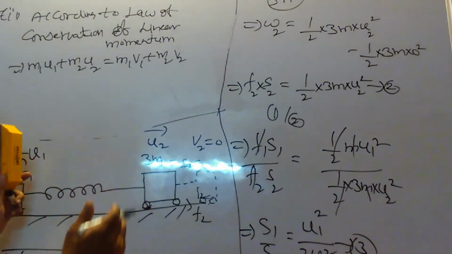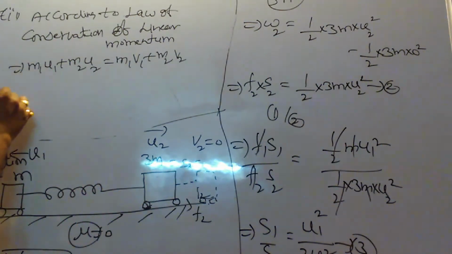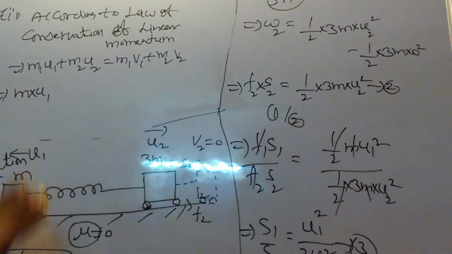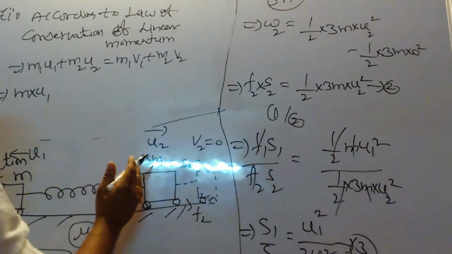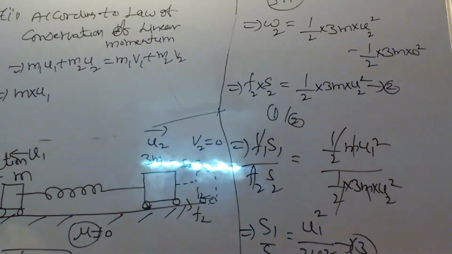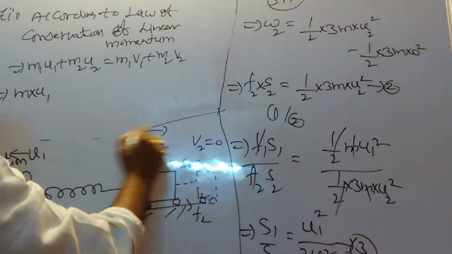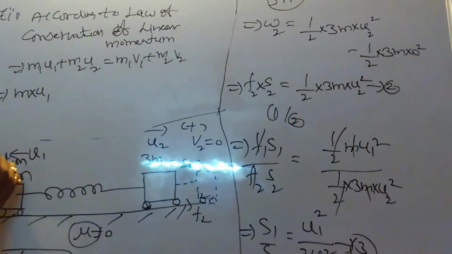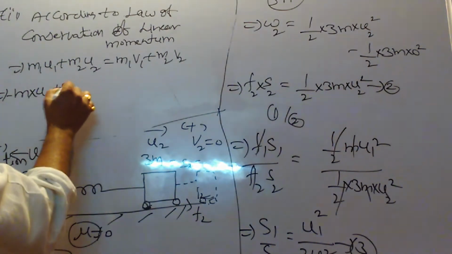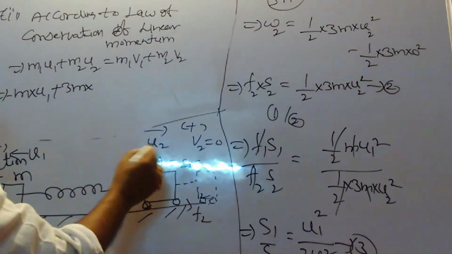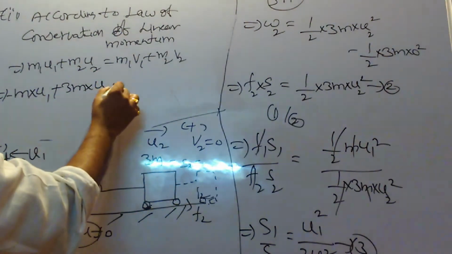Before releasing, what is the velocity? U1, so m into u1. Before releasing, what about the other velocity? U2. I take this direction as positive, so the other direction is negative. So you take minus m into u1, because velocity is a vector, and similarly plus 3m into u2.